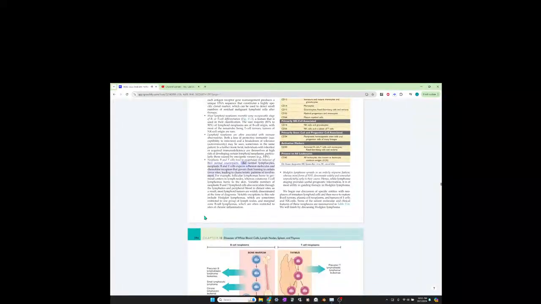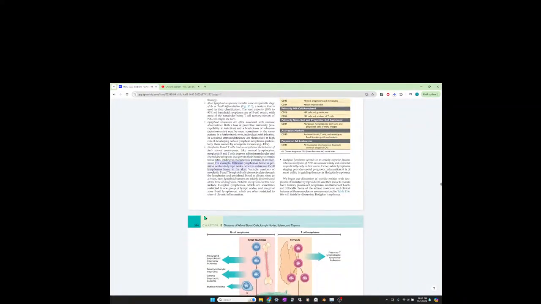Neoplastic B and T cells tend to recapitulate the behavior of their normal counterparts. Like normal lymphocytes, neoplastic B and T cells express adhesion molecules and chemokine receptors that govern their homing to certain tissue sites, leading to characteristic patterns of involvement. For example, follicular lymphomas home to germinal centers in lymph nodes, whereas cutaneous T-cell lymphomas home to the skin.